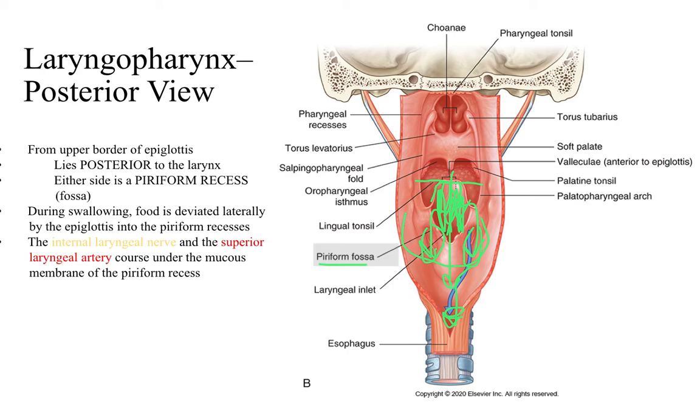Just deep to the piriform recesses, you're going to have the internal laryngeal nerve as well as the superior laryngeal artery. So if those recesses are damaged by, let's say, something sharp that you swallowed with food or some sort of infection, you have the potential to damage both a nerve and a major artery that supplies the larynx.